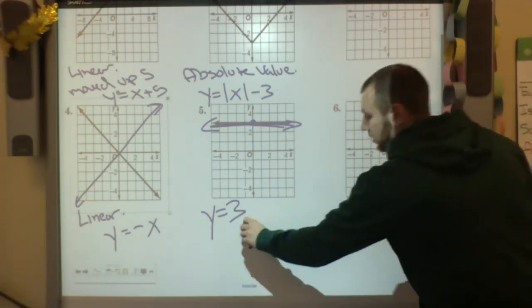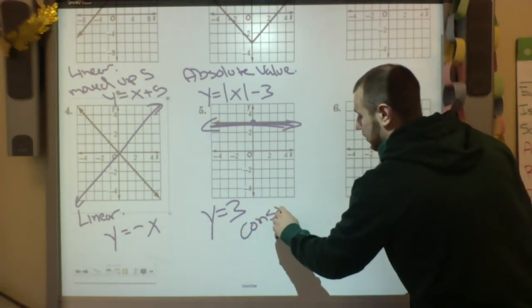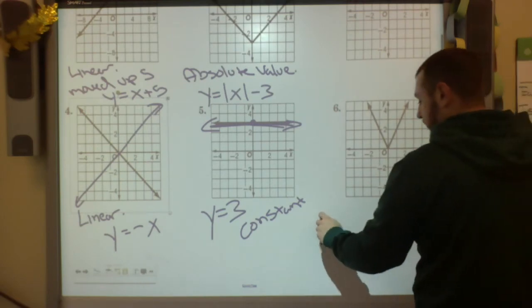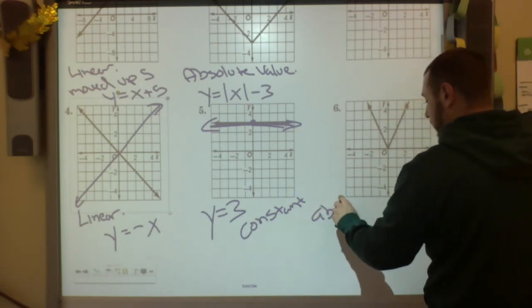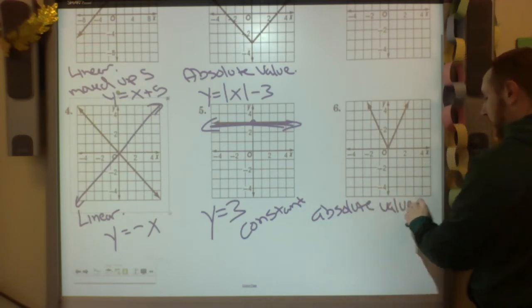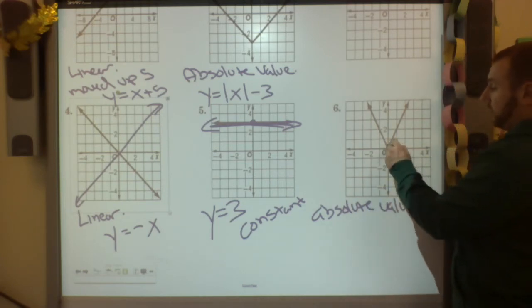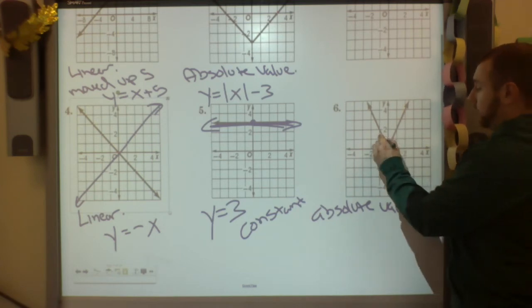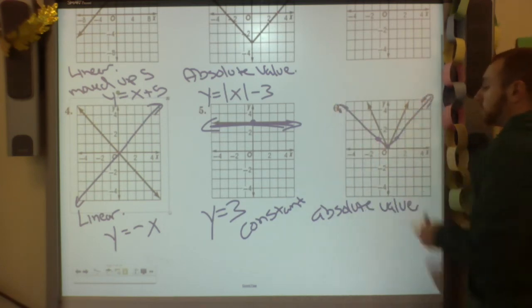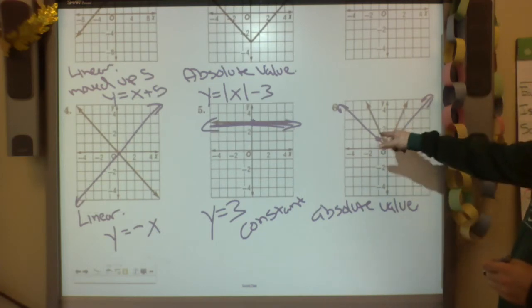Here, it's the absolute value function. Well, absolute value function normally looks like this. Each side goes up 1 over 1.